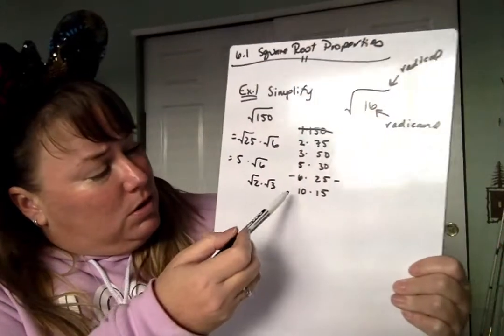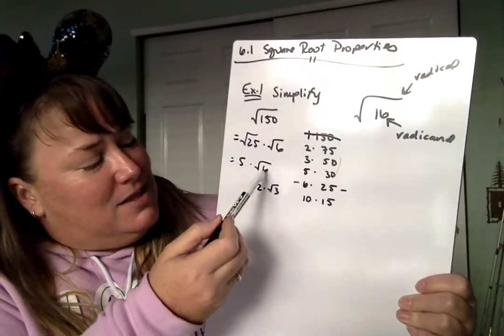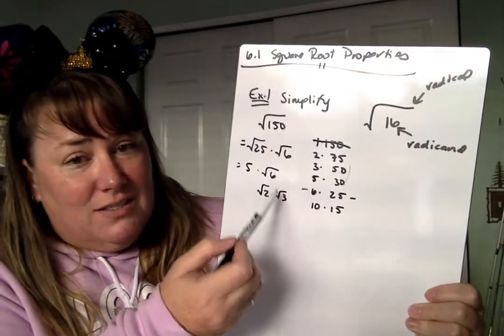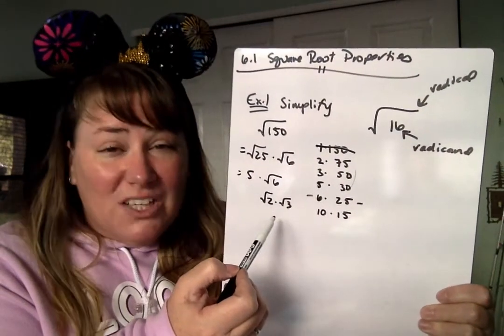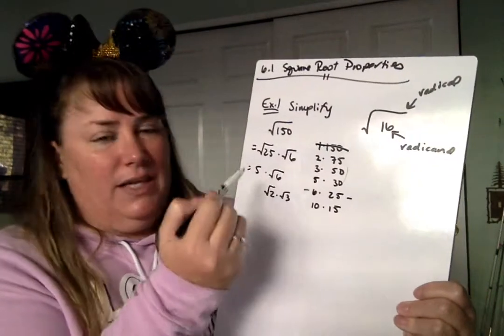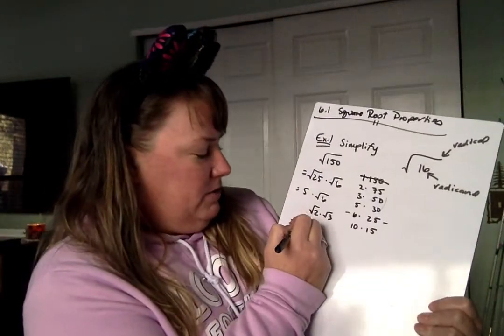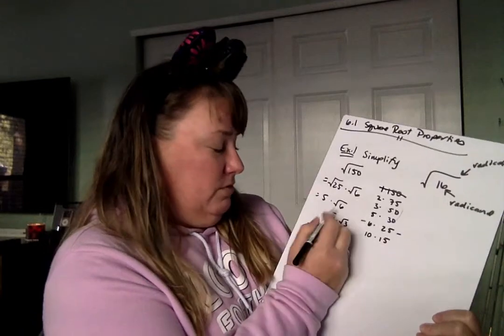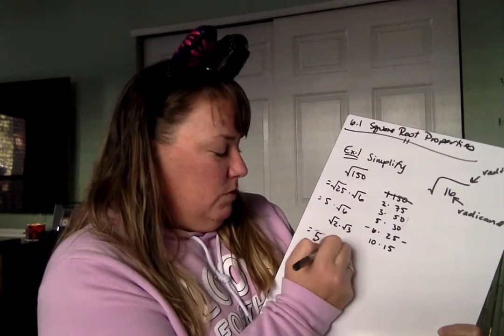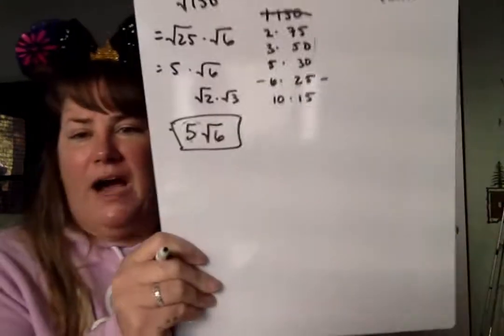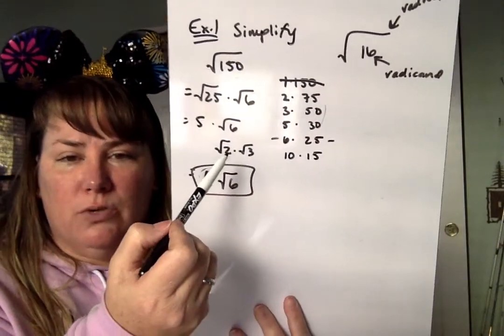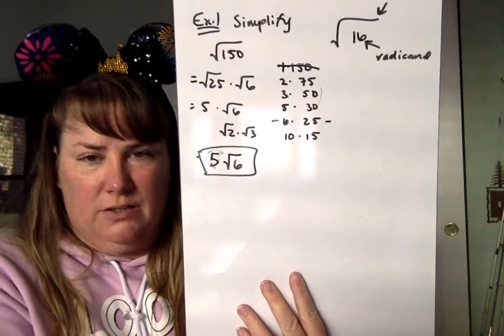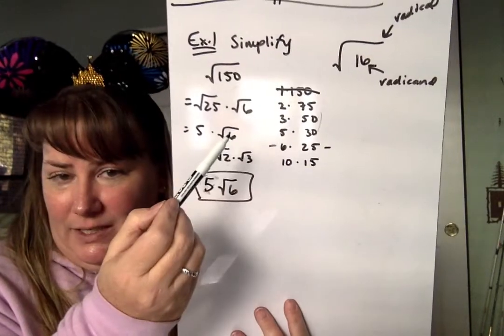And so, since the square root of 6 is composite, but the composite number has prime factors, you're going to leave it like this. So your answer is 5 times the square root of 6. That is going to be your final answer, because when you break down root 6, you get prime factors. And you can't do anything with that, so you're going to leave it like this.